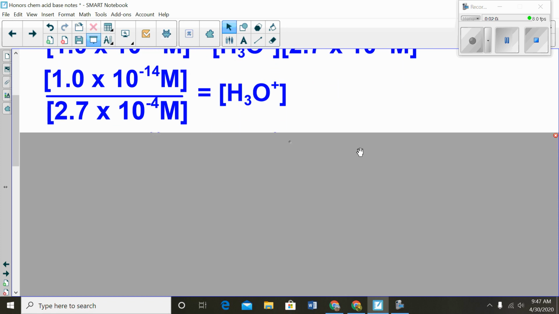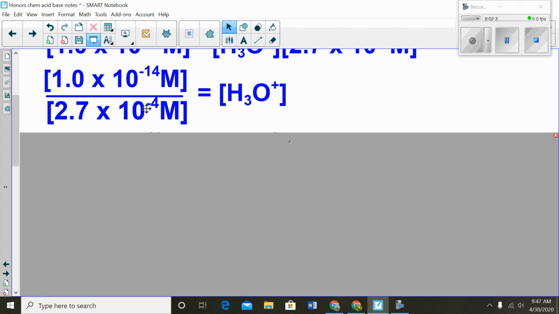And now what I'd like to remind you, when you type this into your calculator, please make sure you are typing now 1.0 EE to the minus 14th. We learned that a long time ago when dealing with exponents. If you put in times 10, it doesn't always provide you with the correct calculation, especially when you are multiplying and dividing. So please use the EE key.